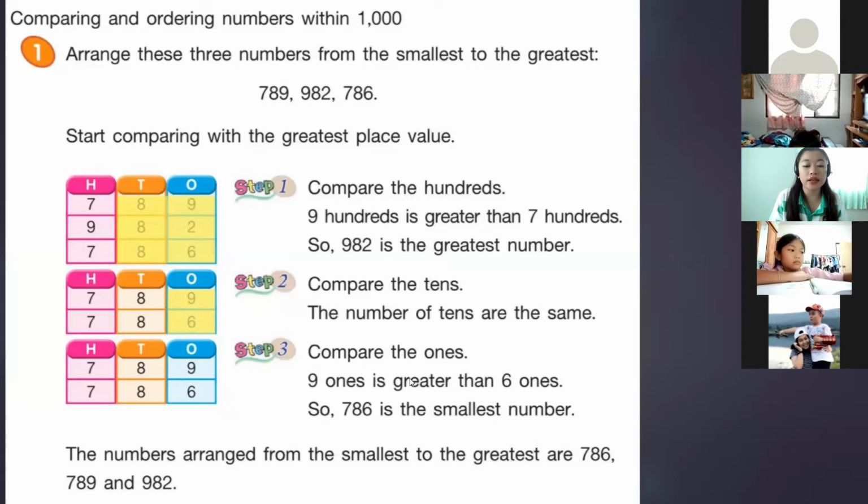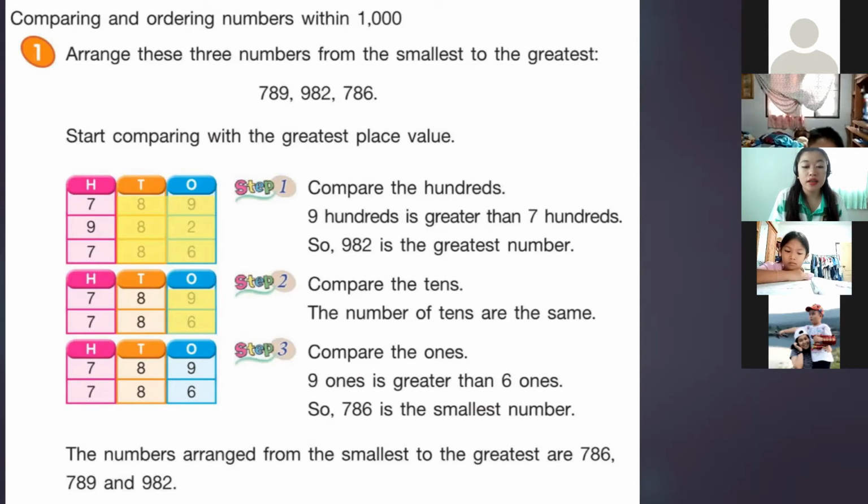What number is greater? What number is bigger? The bigger number is 9. So 789 versus 786. Which number is the greatest?